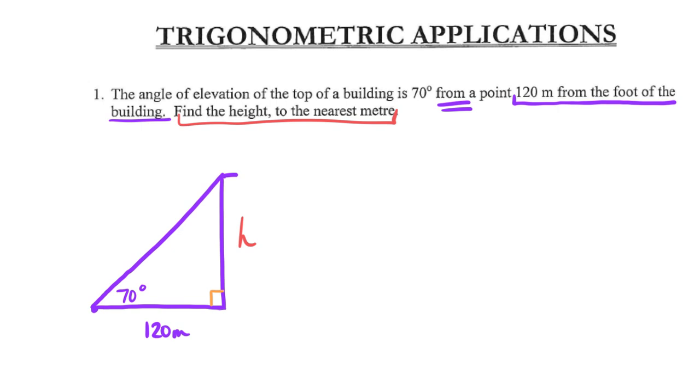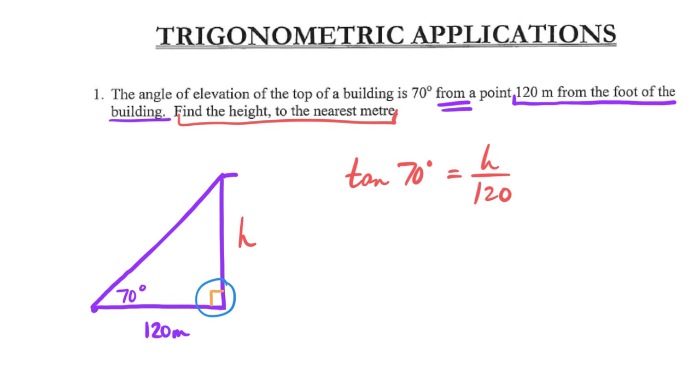So if I look at that 70-degree angle, my height is opposite, the 120 is adjacent, and those are the sides of a right triangle, so I can use my SOHCAHTOA. So I could say then that the tan of 70 degrees is height over 120. There's your mechanics, and we should be good to solve.